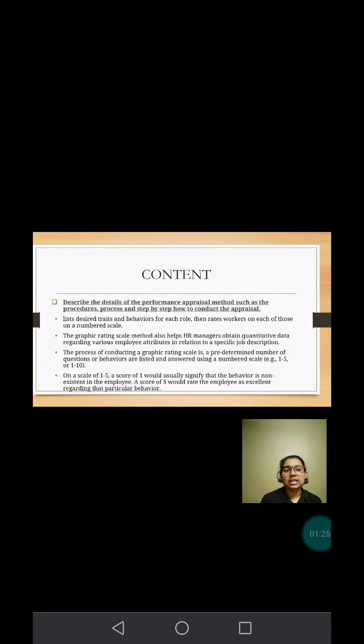Firstly, a graphic rating scale, sometimes called a Likert scale, is a performance appraisal method that lists desired traits and behaviors for each role. Then it rates workers on each of those on a numbered scale.